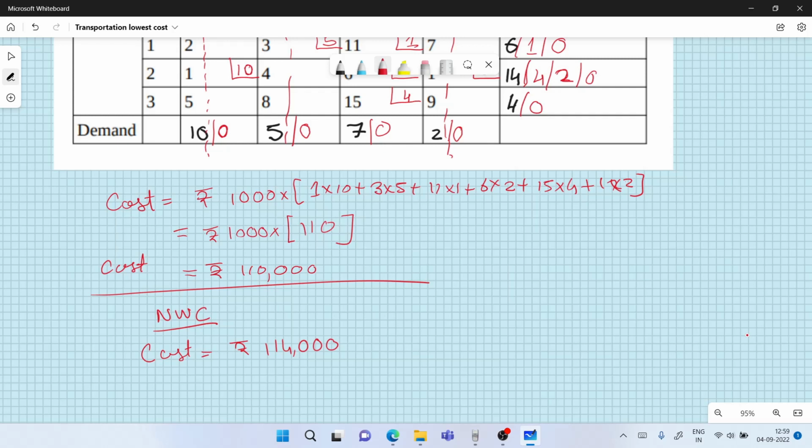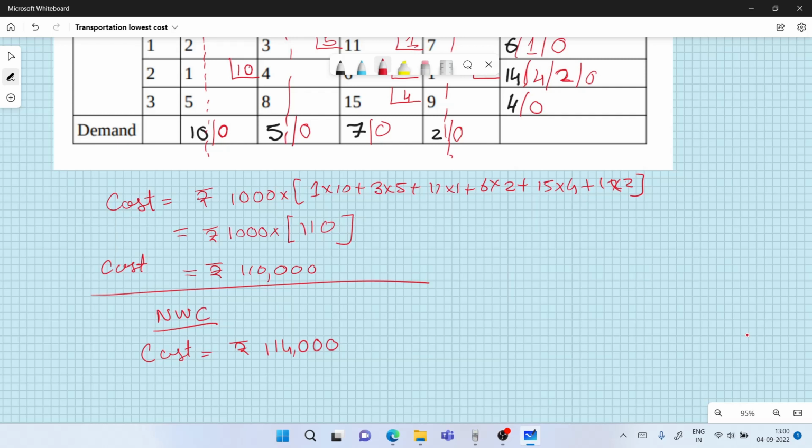That is because here we have chosen the cells which have the least cost. But in northwest corner, we do not do any such activity or any such allocation. We just go by the rule that whichever is the northwest corner, we start with that. Whether its cost is high or low, we do not bother about it. Okay, so it's bound to be lesser.